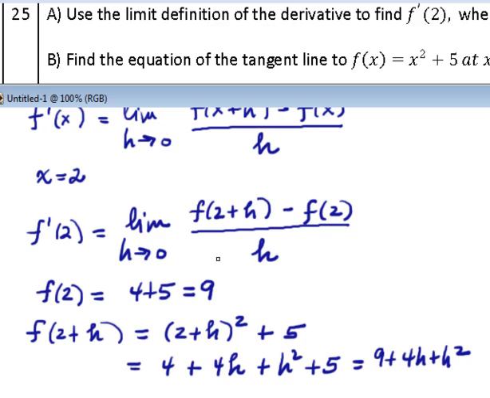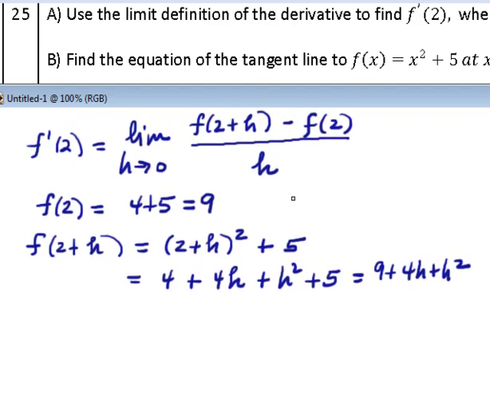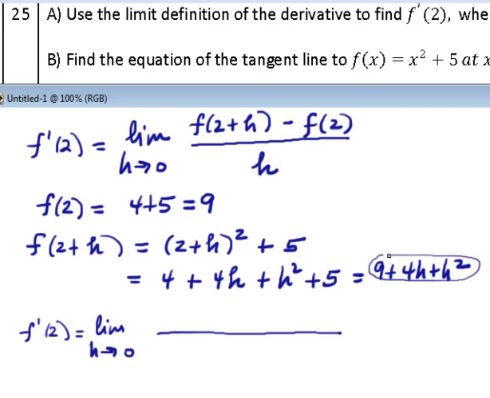And now we're ready to substitute into this expression. So we have f prime of 2 is the limit as h goes to 0 of f of 2 plus h, that's this, minus f of 2. Now notice this is what I call a 0 over 0 limit.